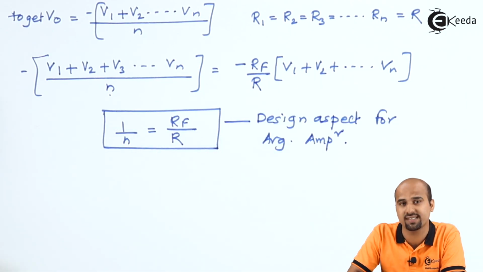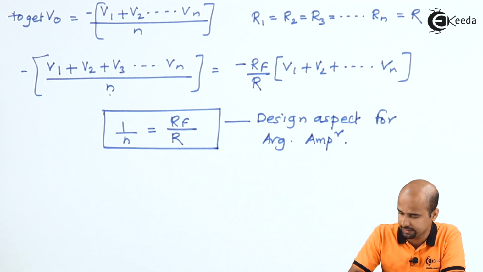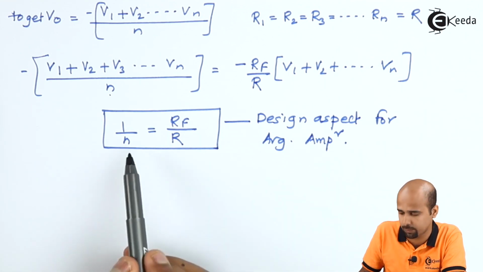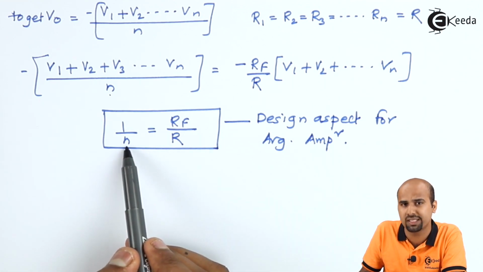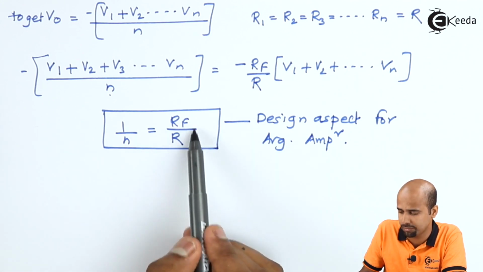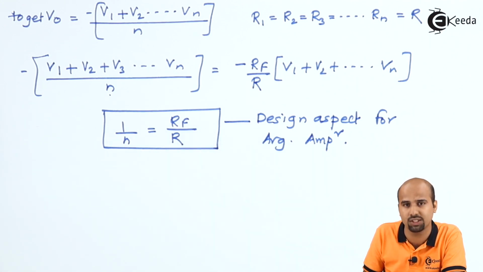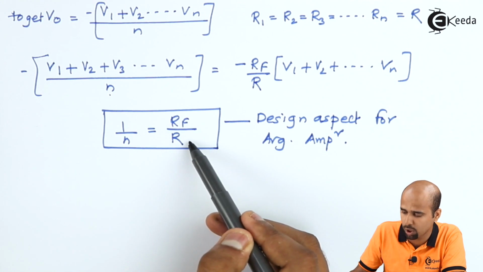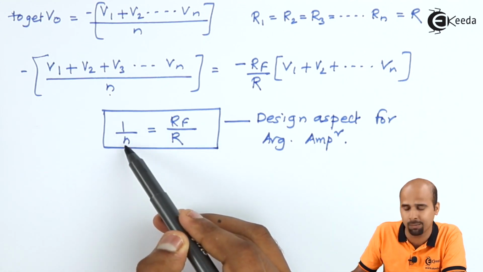So if someone says that I want an averaging amplifier for 4 number of input supplies, then n is equal to 4, and I should try to form the resistance values such that the ratio of Rf upon R will come out to be 1 upon n.